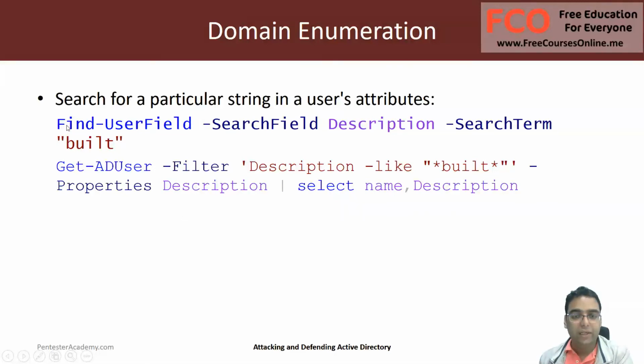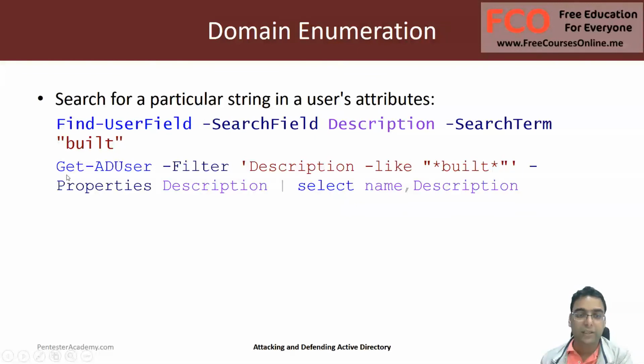For example, here it looks more like magic. No hard feelings against PowerView. It's a fantastic tool. But here, what you get to see is it looks a bit like magic that you use the function Find-UserField, which looks in description for some search term.